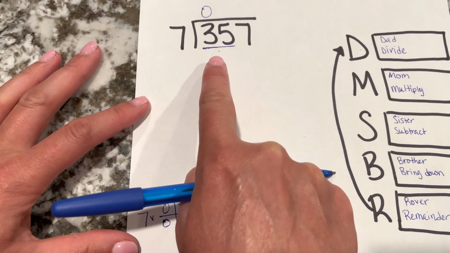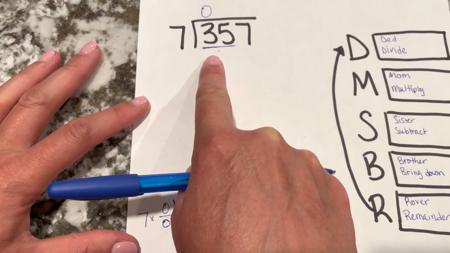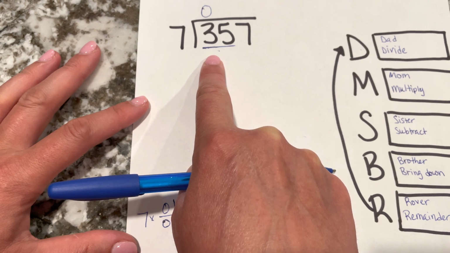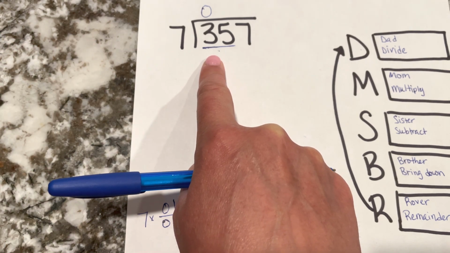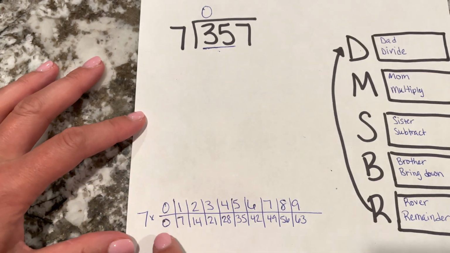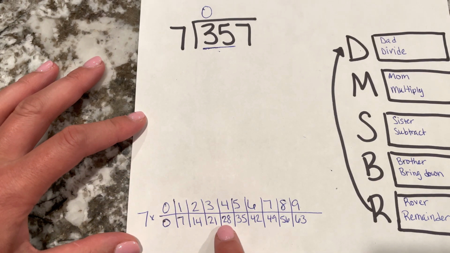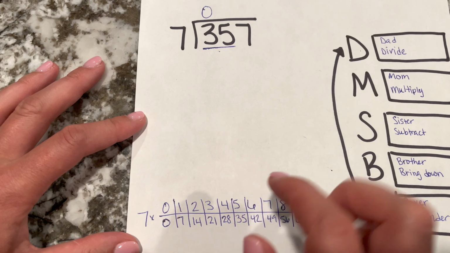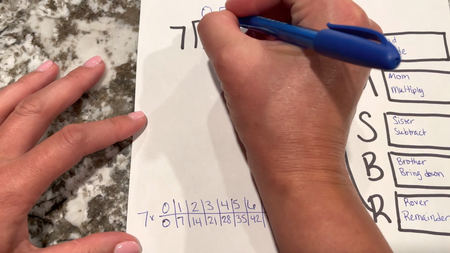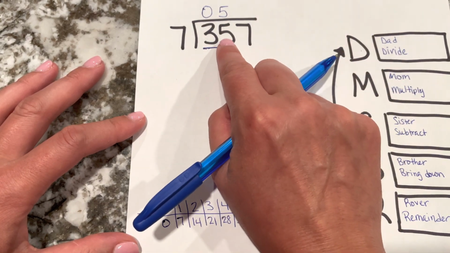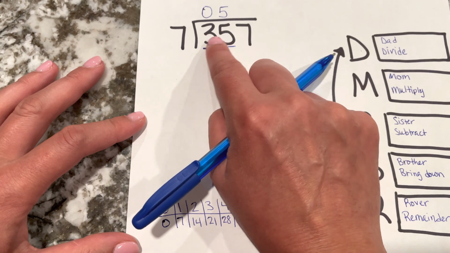So you're gonna find 35 at the bottom, or if you don't see the exact number, find the closest number without going over. So I'm gonna go along the bottom, and I see a 35 here. So how many times does 7 go into 35? Well, it says on the top, and that is 5 times. So I'm going to write 5 up here. I'm gonna make sure I write my 5 right above the 5 in the 35.